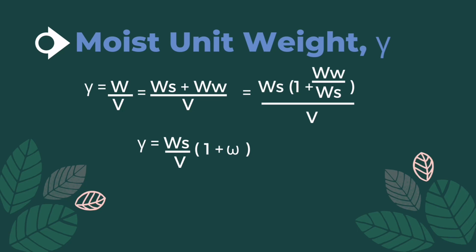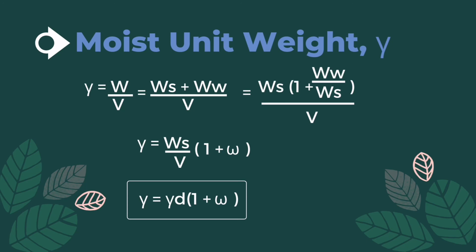Substituting that, ang magiging equation natin is W sub S all over V times 1 plus moisture content. So, pwede pa itong mas-simplify kasi yung W sub S divided by V is equals to dry unit weight. Kaya this will be the simplest form of the equation. Gamma is equals to gamma dry times 1 plus moisture content.